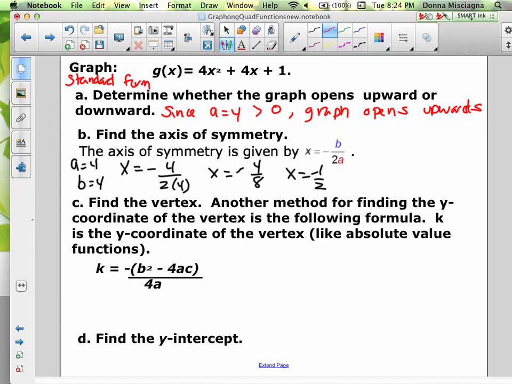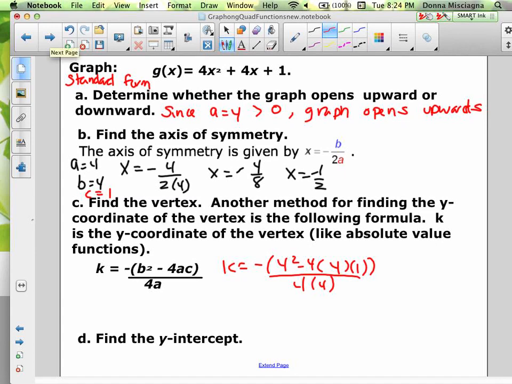All right, so let's plug in our values. We have a, we have b. Let's just add c, and c is 1. So k is going to be negative 4 squared minus 4 times 4 times 1, all divided by 4 times 4.